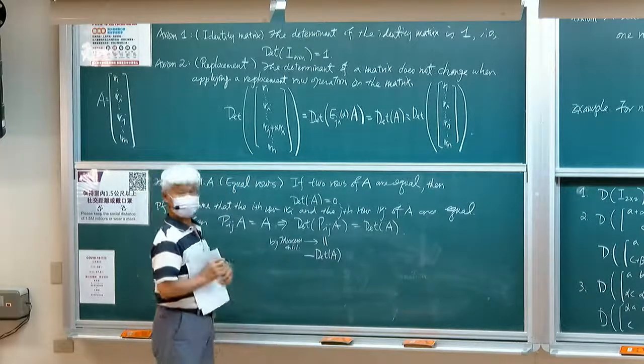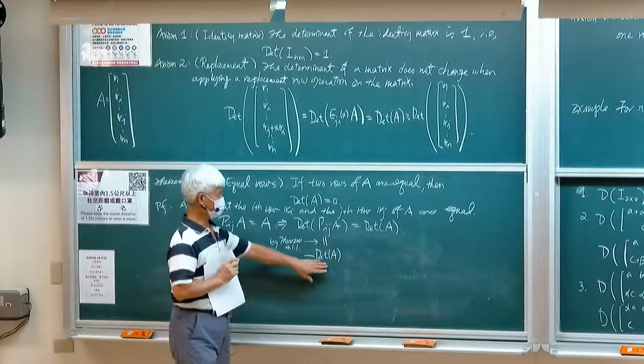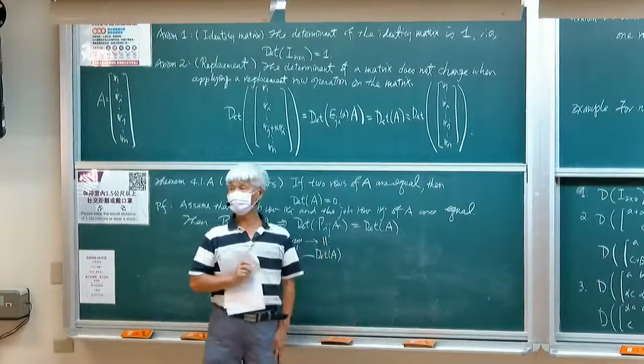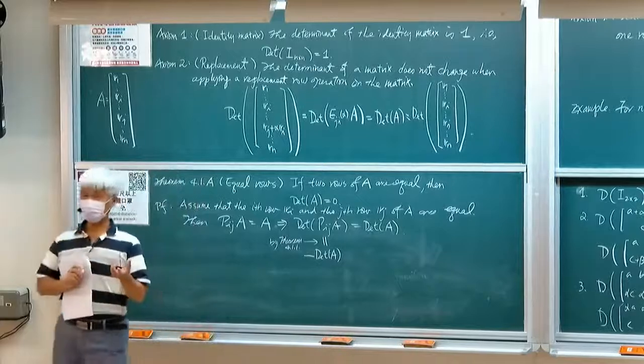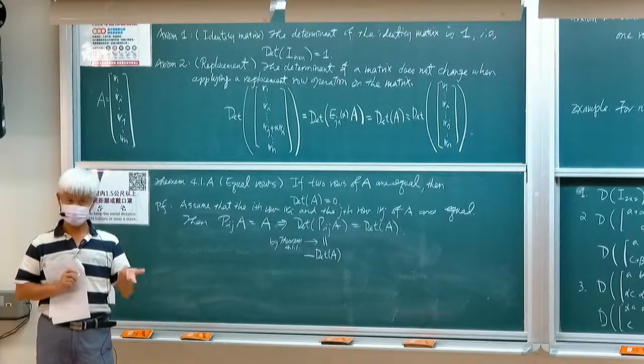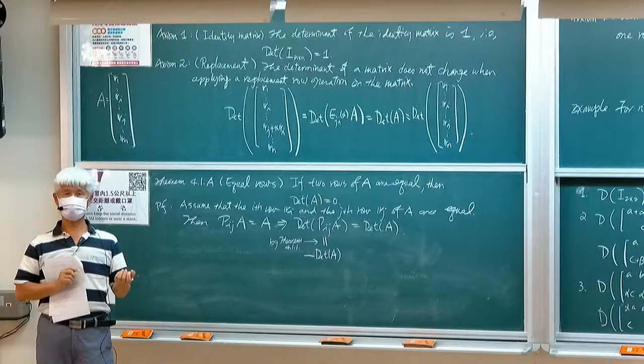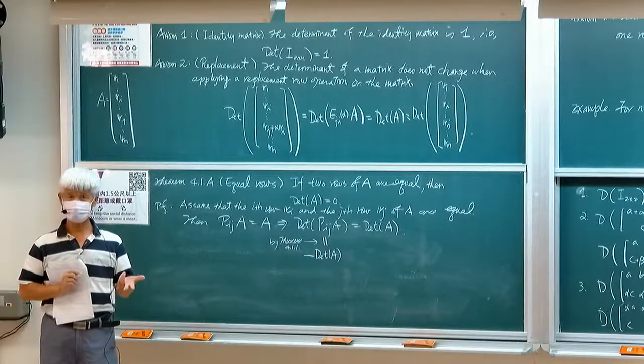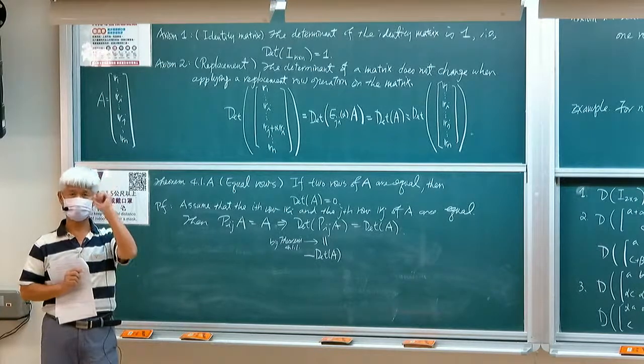All right, so you get the situation minus determinant A equals the determinant A. A scalar equal to its opposite. What scalar can we have? Only 0, right?